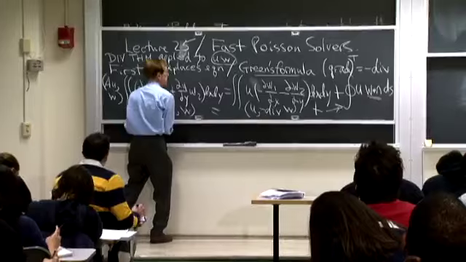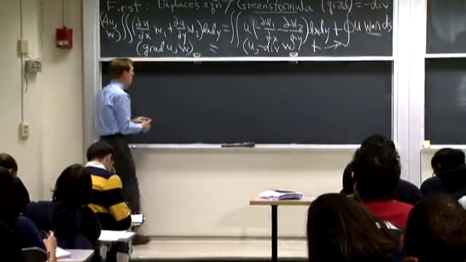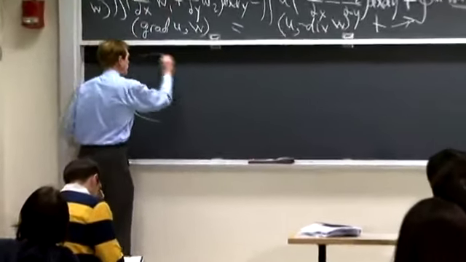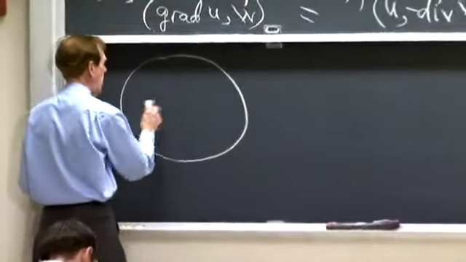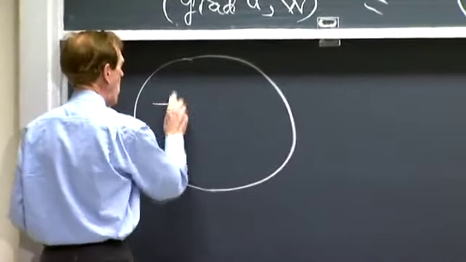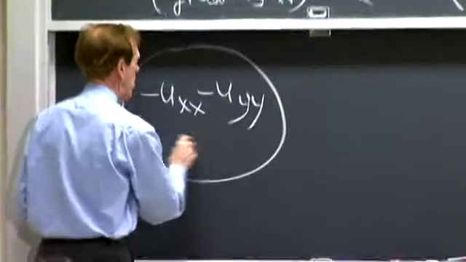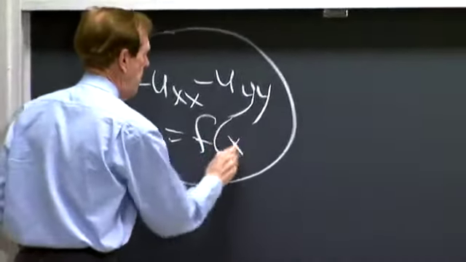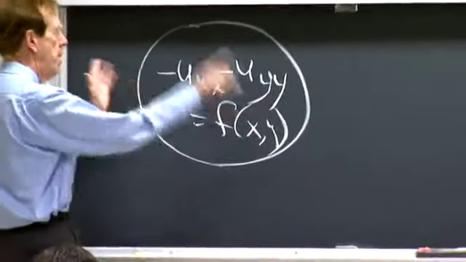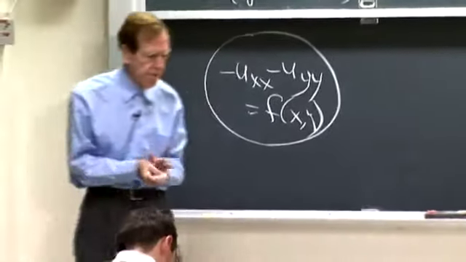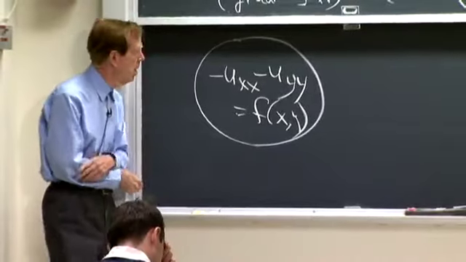What does this tell us then? I have a region. In that region, I have Laplace's equation or Poisson's equation. Say Poisson. On the boundary. Now this is the final thing to ask you about.